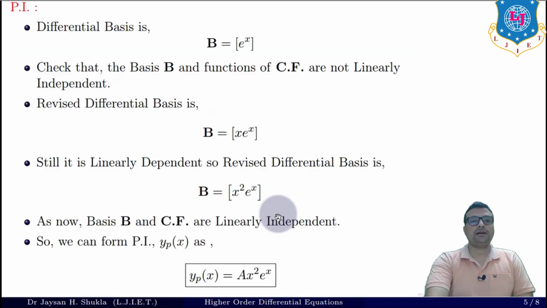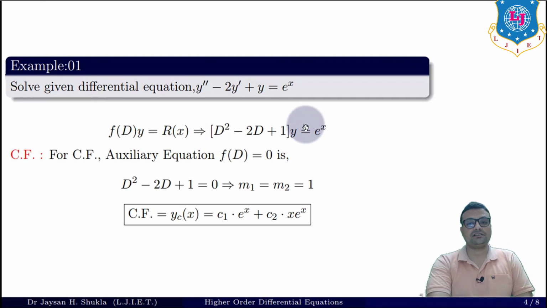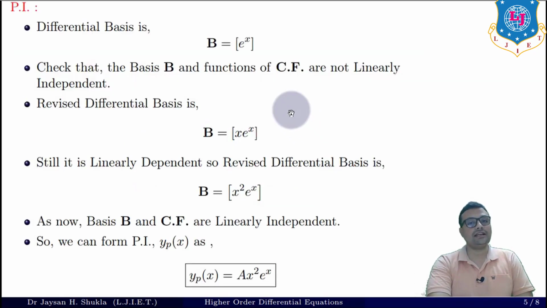Now coming to the main part: how to identify the differential basis. On the right hand side of the equation, r(x) is e raised to x. All possible derivatives of e raised to x are considered, and they are e raised to x only. So along with the function, all possible derivatives can be generated by only one element, which is considered in this basis, which is e raised to x.